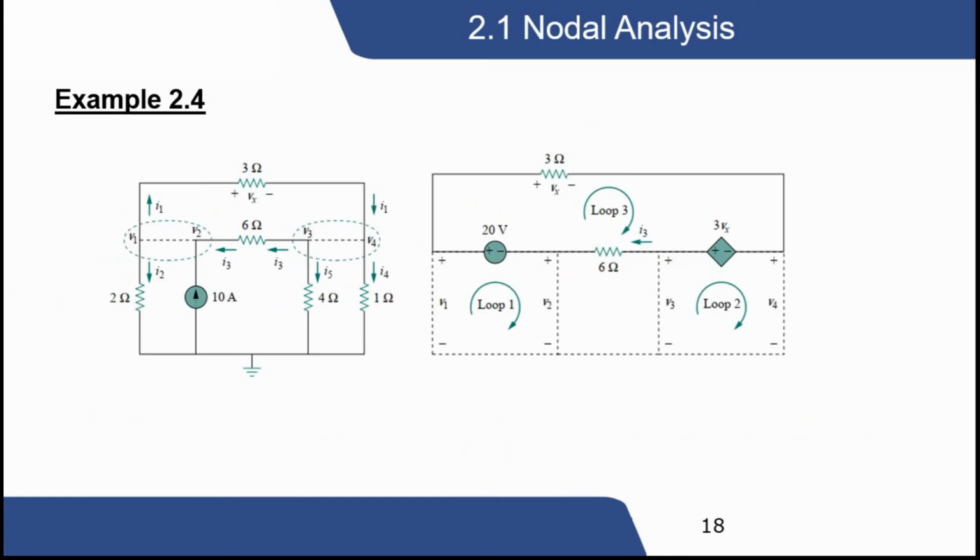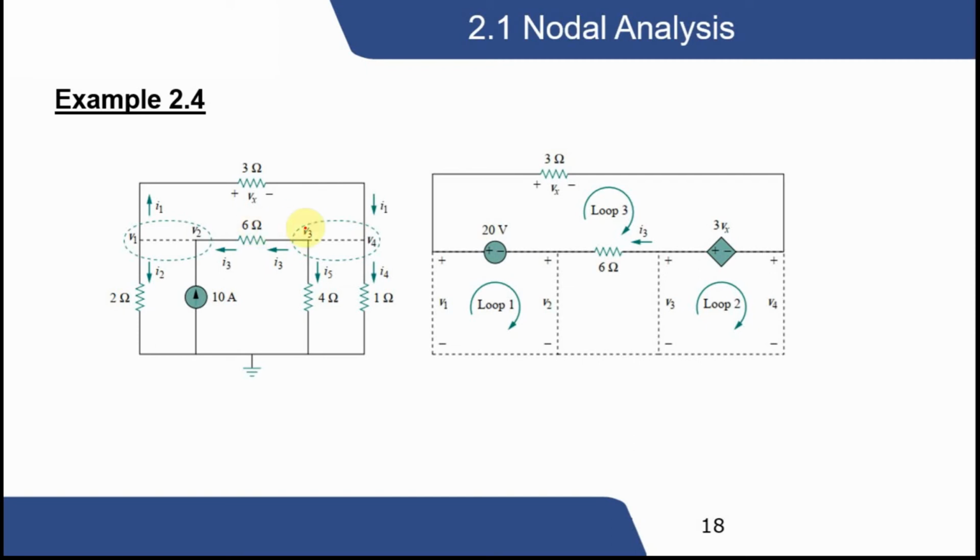I2 is V1. Don't consider that it's combined, so we cannot use V2. It is basically the similar analysis where we shorted. I2 is the voltage across the resistance R2, so V1 minus 0 divided by 2, the voltage across the 2 ohm resistance.